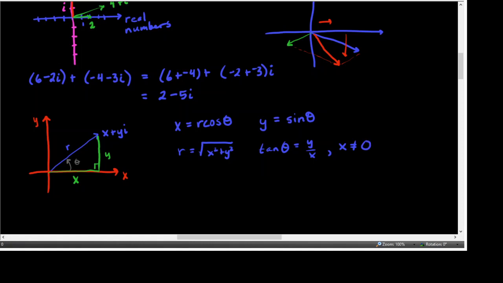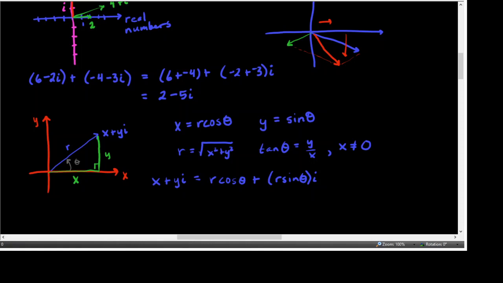So, if we start with the generic x plus yi and substitute for x with r cosine theta, plus substitute for y with r sine theta, you have what's called the polar form, or trigonometric form, of the complex number x plus yi.